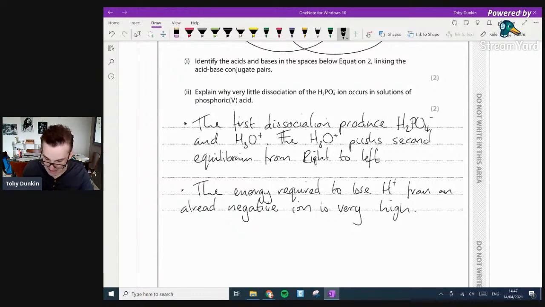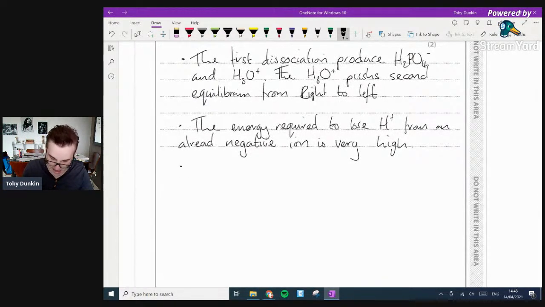Trying to split it, very few particles will have the activation energy. Removing an H+ ion from a negative ion is very hard.